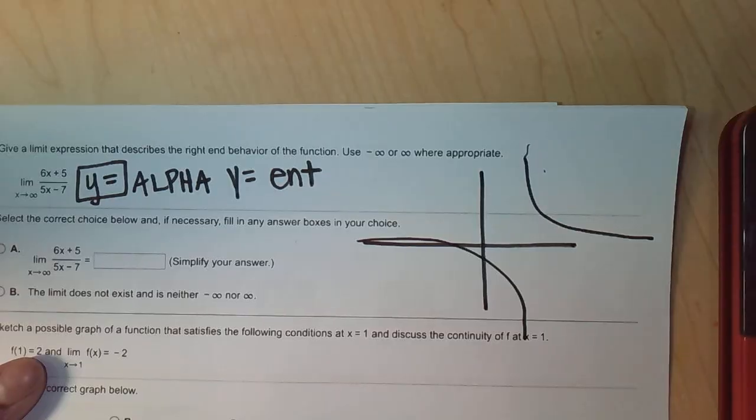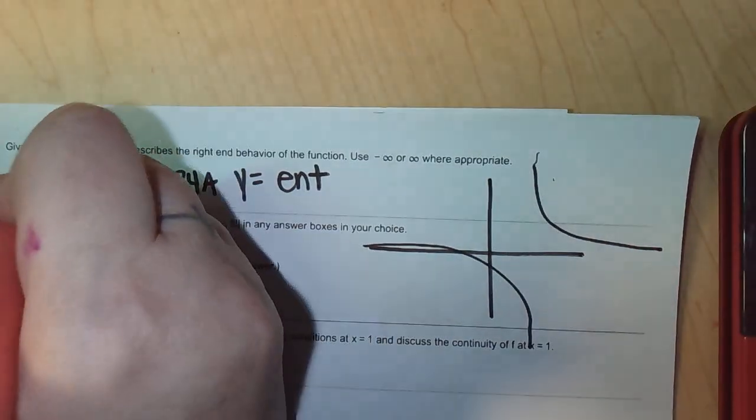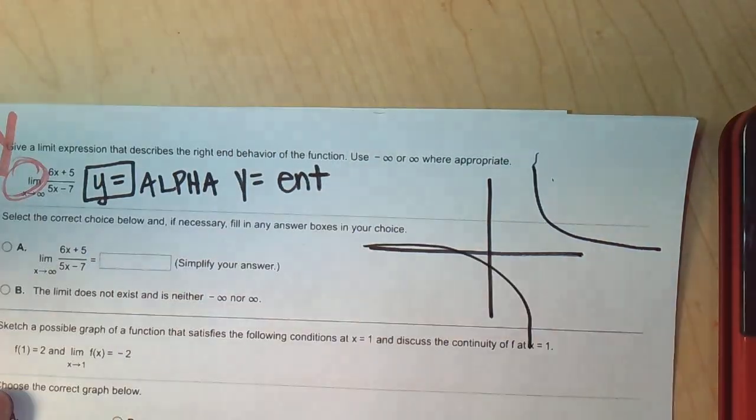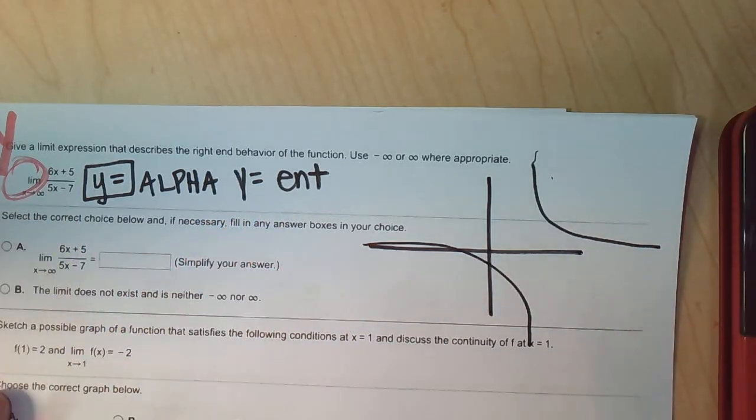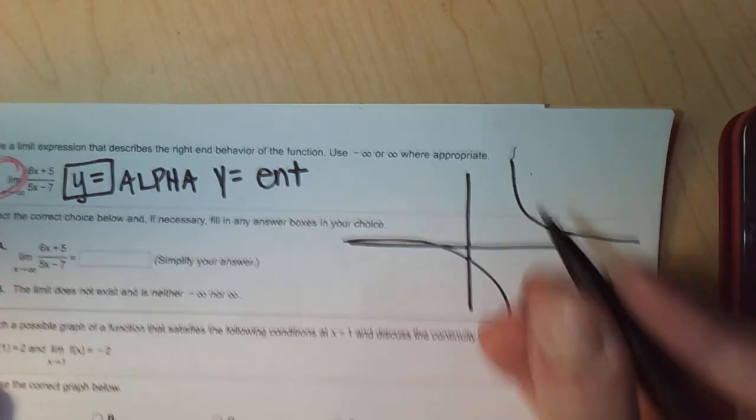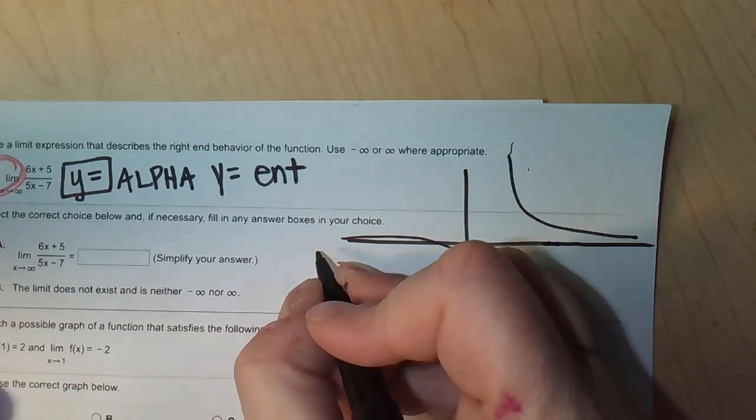All right, let's remember what this question is asking for. It's asking for the limit, so that's the y value, when x is infinity. Well, let's remember where x is. X is the side-to-side axis.